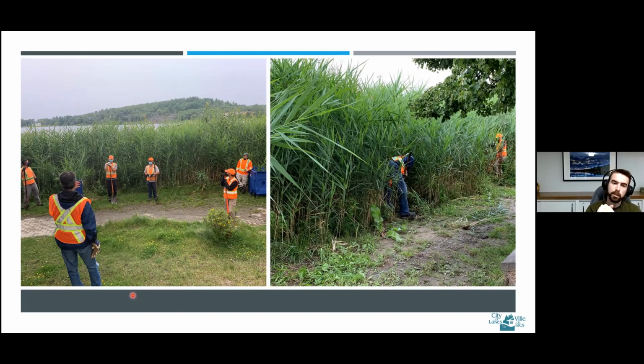You want to disturb the soil as little as possible, and you want to just cut the stem and try not to lift up any of the rhizome or the root system. So you can see he's here in the stand working, and it's quite daunting when we first started, because it was quite a large stand. So even for 20 people, it was quite the process to do the removal.